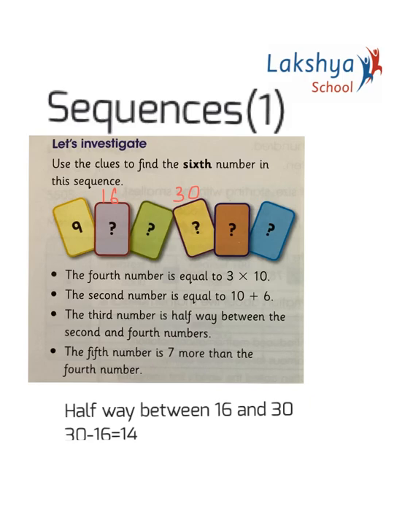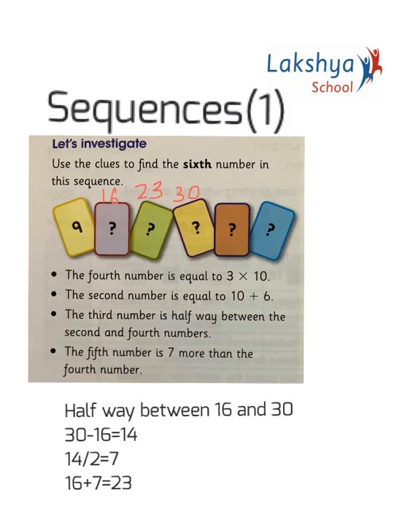We get 14. Second step is to divide it by 2. So 14 divided by 2 gives you 7. Then add the answer to the first number, that is 16. 16 plus 7 gives us 23. So the third number would be 23.